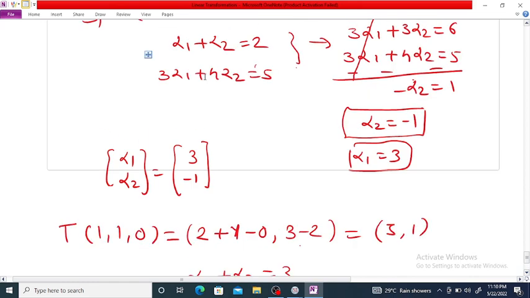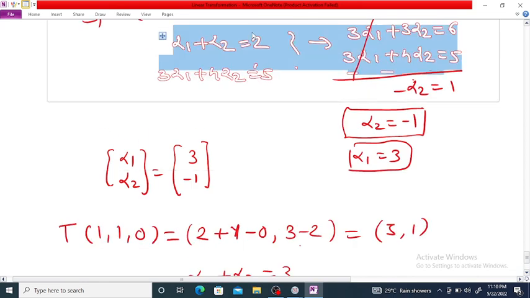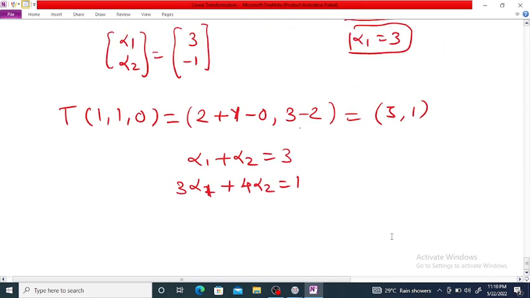From the previous equations, in place of 2 and 5, we just write 3 and 1. So again, if you simplify this, we get 3 alpha 1 plus 3 alpha 2 is equal to 9 and 3 alpha 1 plus 4 alpha 2 is equal to 1.